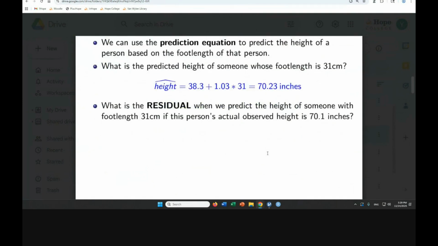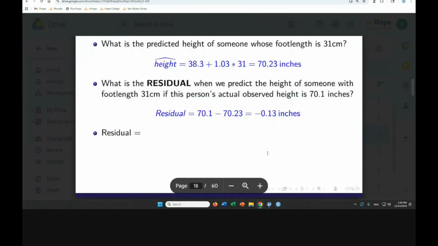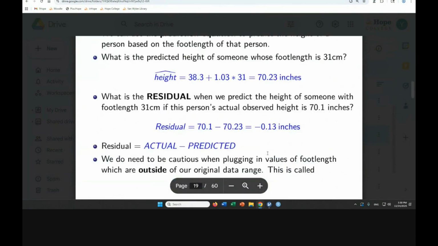All right. Anyway, what is the residual when we predict the height of someone? Okay, I'm going to teach you a definition now, which is what is a residual? Actually, the English word residual, what does it mean? Does anyone know? Yes, perfect. It's what's left behind. Yes, the residual is what's left behind. So the definition of the residual is actual minus predicted.